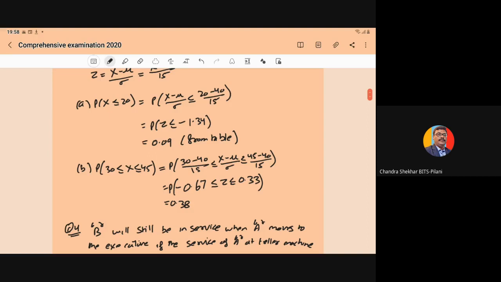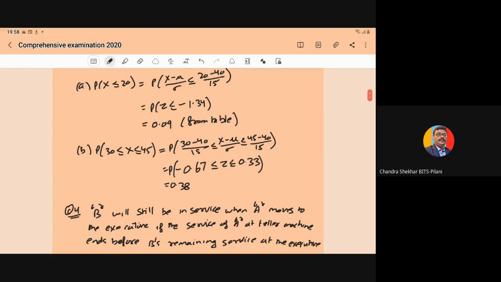In part B, it is asked what is the probability that the question paper can be completed in 30 to 45 minutes. On both sides, we subtract mu and divide by the standard deviation. It will become 30 minus 40 upon 15 less than or equal to x minus mu upon sigma less than or equal to 45 minus 40 upon 15.